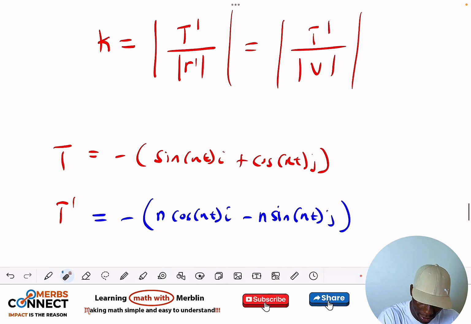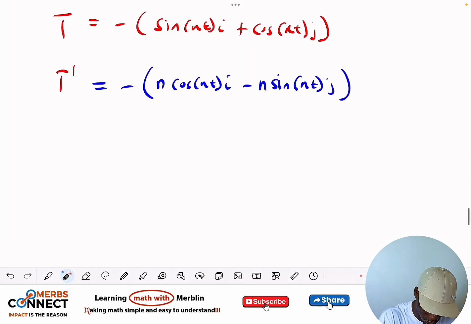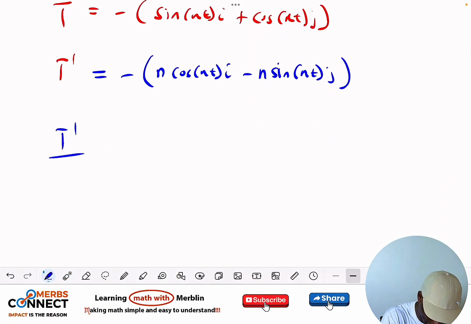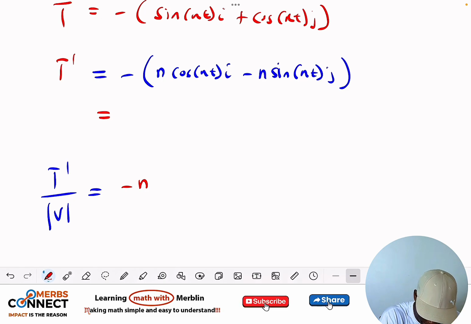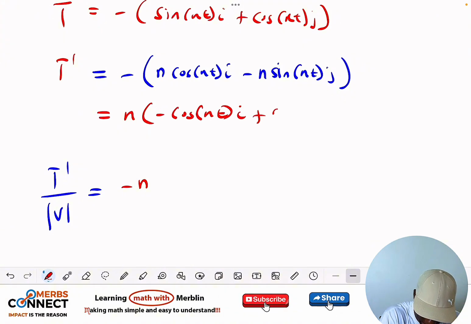Now I need this before I can find the magnitude, so first I need T prime divided by the magnitude of v. Here I can factor minus n out, and this one will be minus cos nt i plus sine nt j.